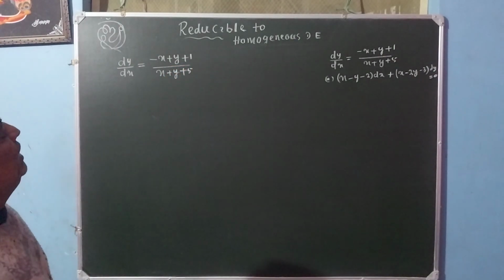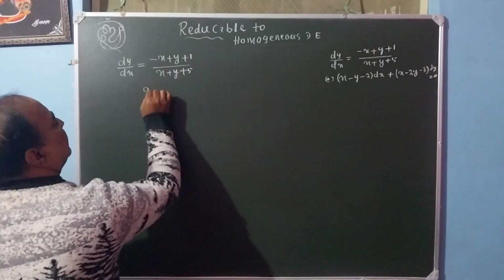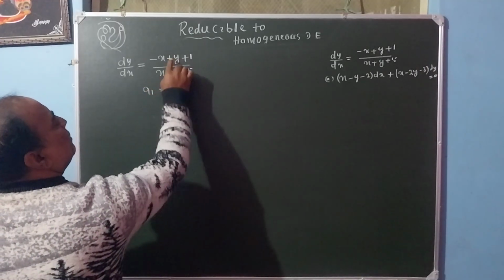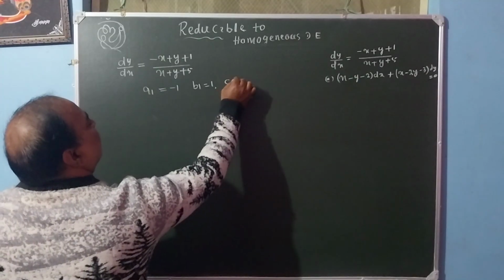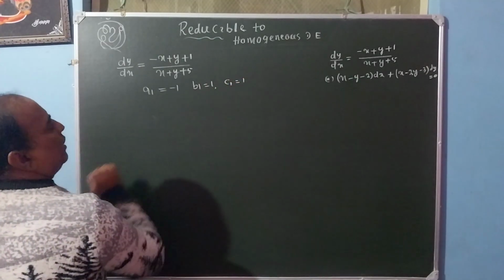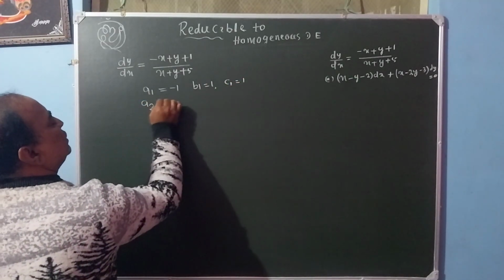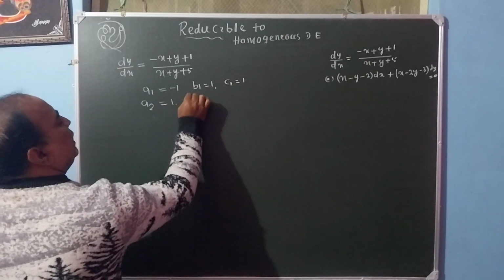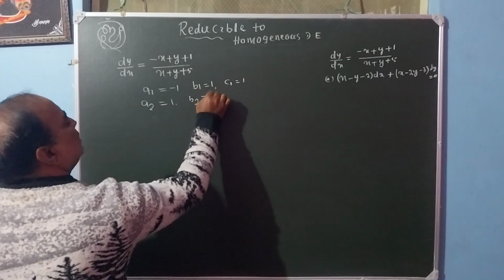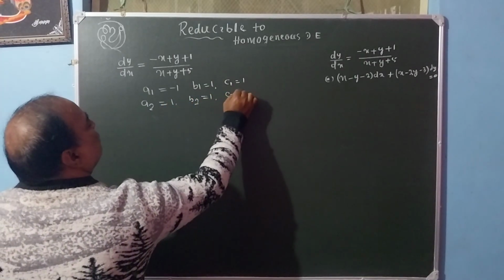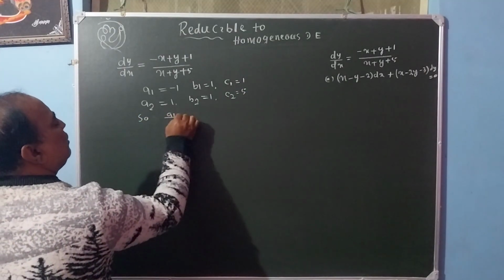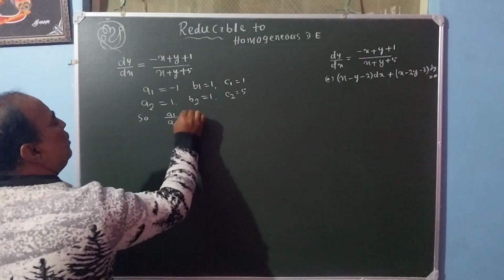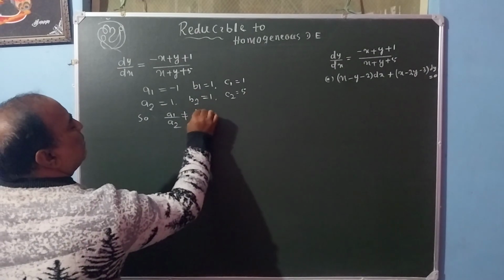Here a1 is equal to minus 1, b1 is equal to 1, c1 is equal to 1, a2 is equal to 1, b2 is equal to 1, c2 is equal to 5. So a1 by a2 not equal to b1 by b2.